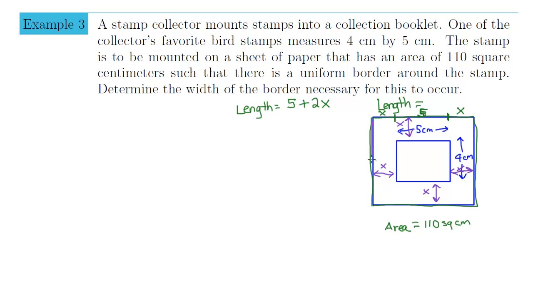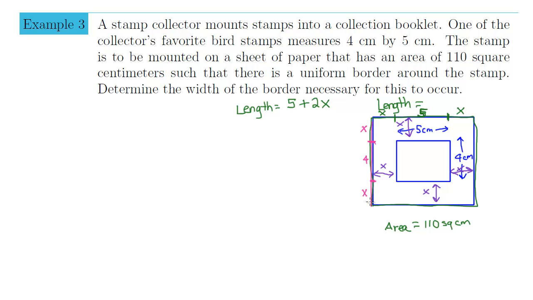Now, this side, the height side, how can we represent that in terms of x? Well, notice from here to here, we know is 4 centimeters, right? That's 4 units from here to here. And this part here, from here to here, is x, because that's the width of the border. And this part here is also x.